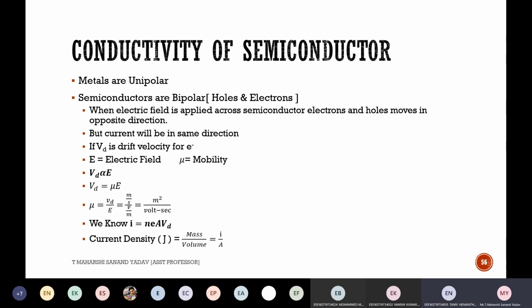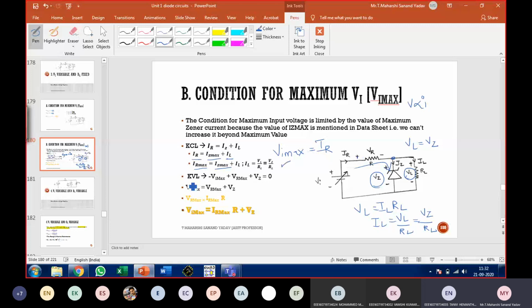Now you try to apply KVL and tell me how to solve. If I apply KVL, I'll get minus VI max plus VR max plus VZ is equal to 0. If I arrange this properly, VI max is nothing but IR max into R plus VZ.